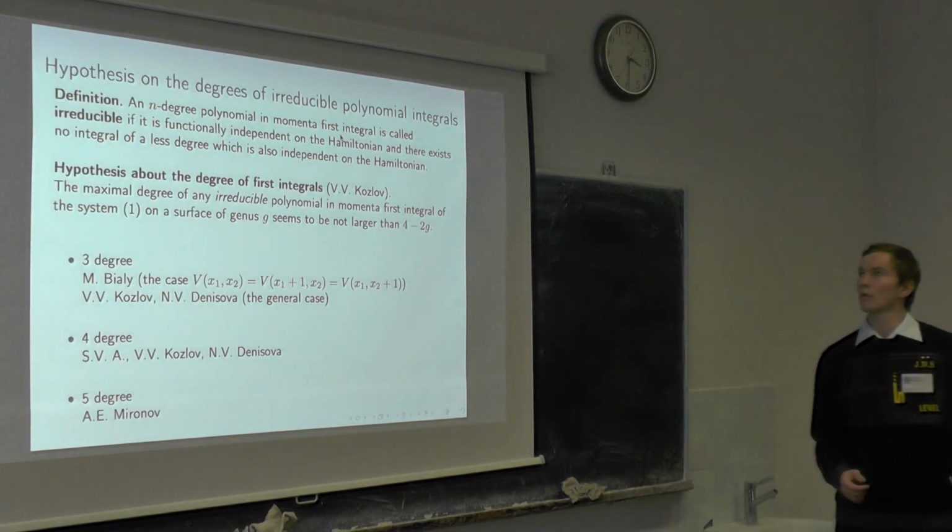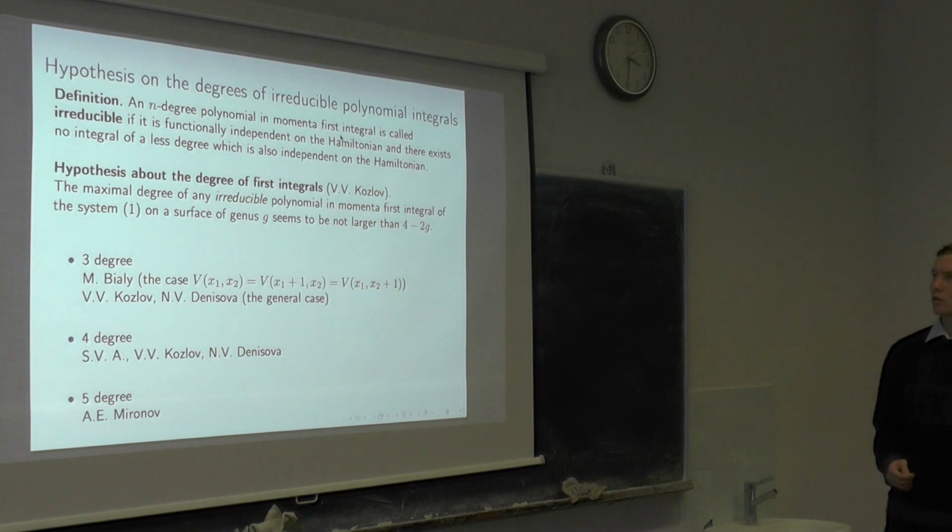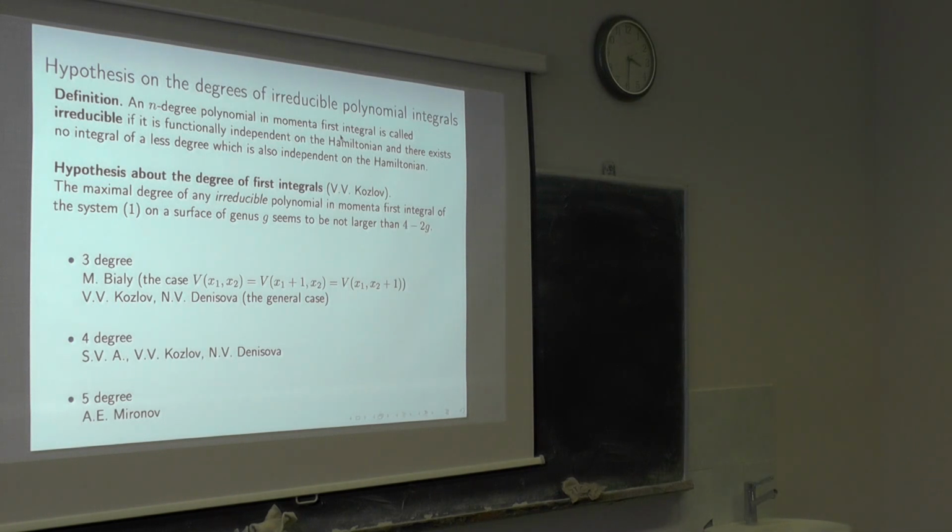An n-degree polynomial in momenta first integral we will call irreducible if it is independent of the Hamiltonian, and there is no other first integral of lower degree which is also independent of the Hamiltonian.